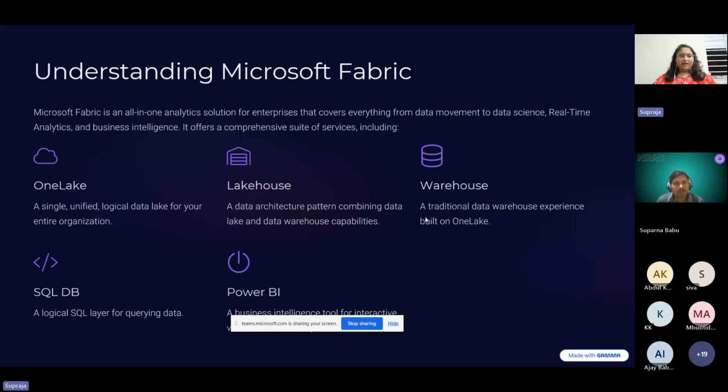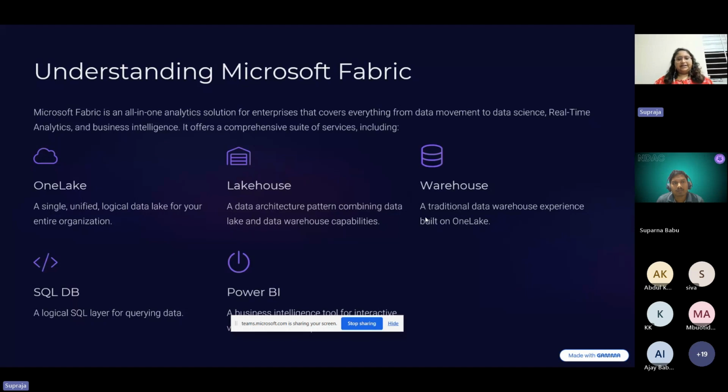In the same way in Fabric, we dump all the data into OneLake, and the beauty of this is the whole data is stored in Delta Parquet form. So whichever element or component you're using, data is ready. For example, if we take Lakehouse, it can read structured, unstructured, and semi-structured data.